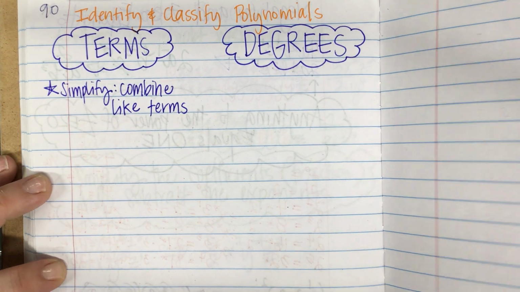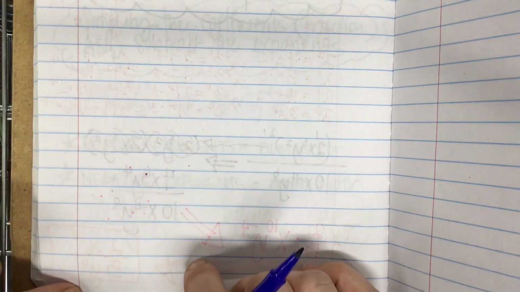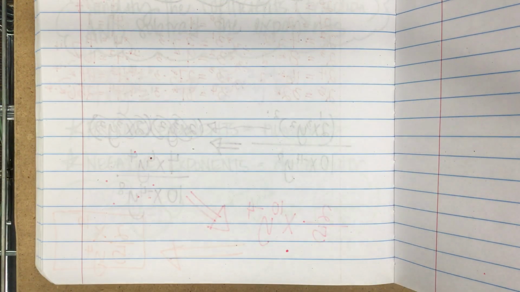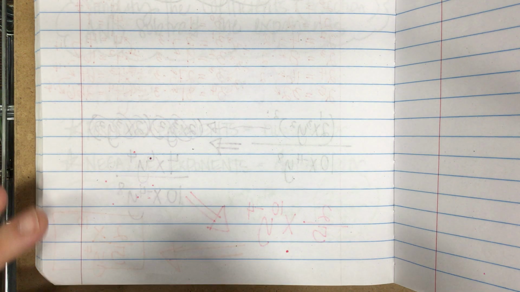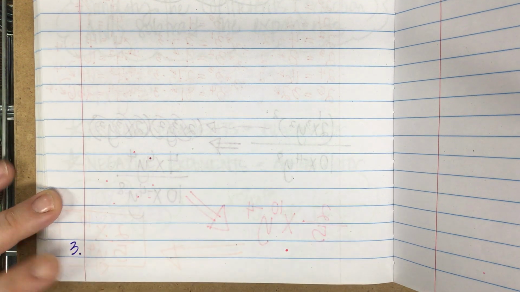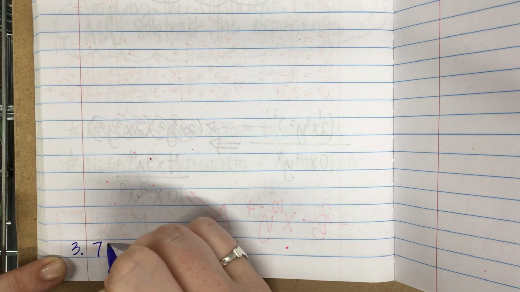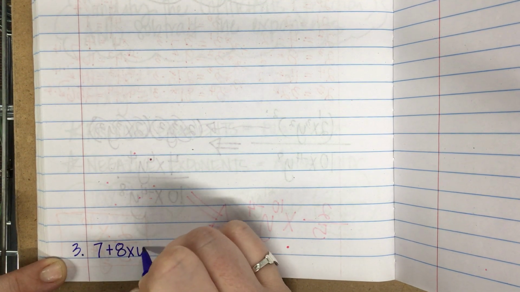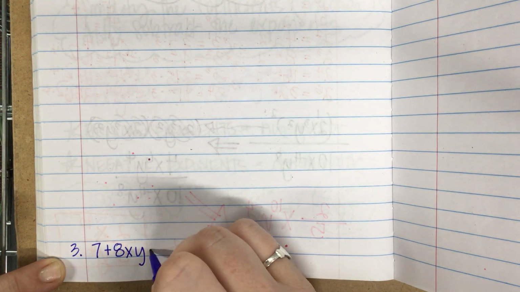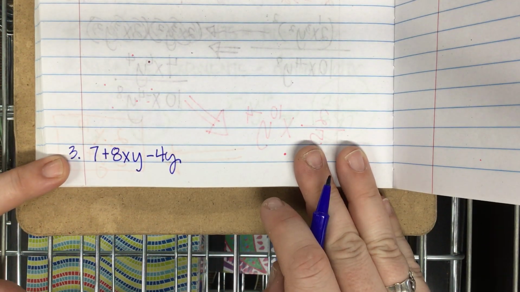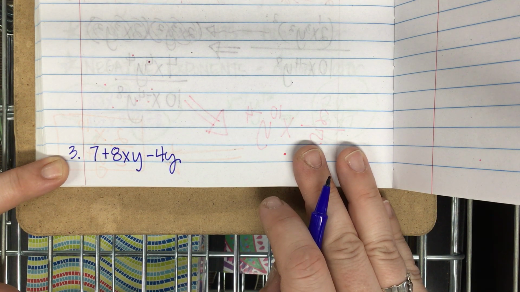So then you guys really quickly, I'm going to skip all the way down here, and I'm going to start at the bottom, and I'm going to put my examples down here, and we'll talk about them as we go. I have to really focus to read them. So example number 3 is going to say 7 plus 8xy minus 4y.